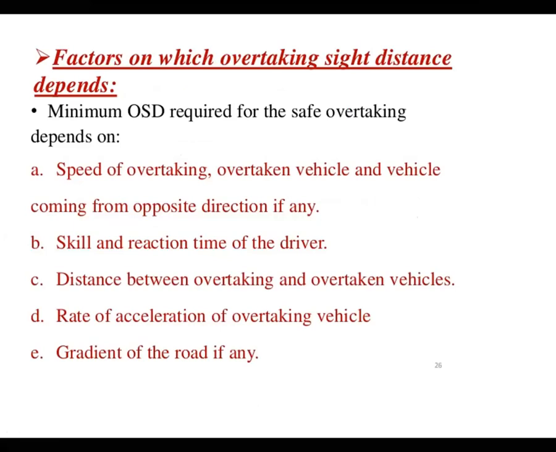Factors on which overtaking sight distance depends. Which factors affect overtaking sight distance? The minimum overtaking sight distance required for safe overtaking depends on the speed of the overtaking and overtaken vehicles. The slow moving vehicle is the overtaken vehicle, and the fast moving vehicle intended to overtake the slow moving vehicle is the overtaking vehicle.